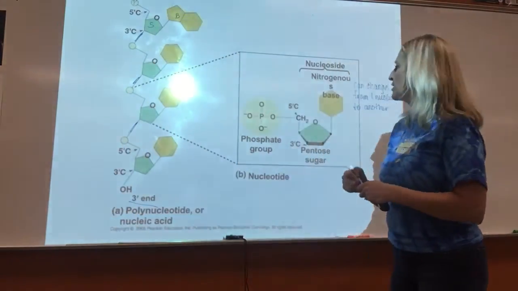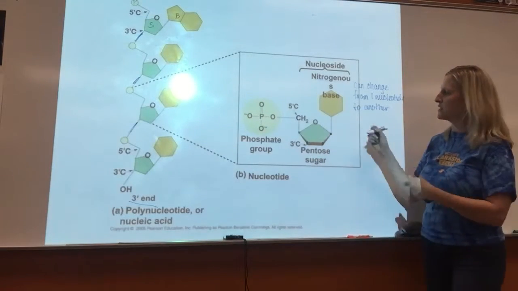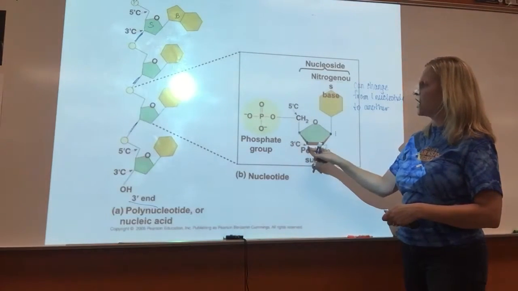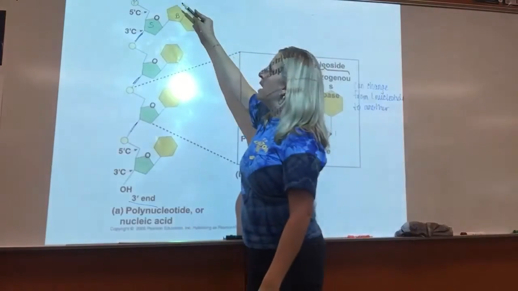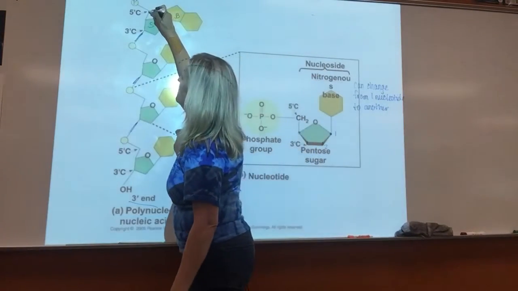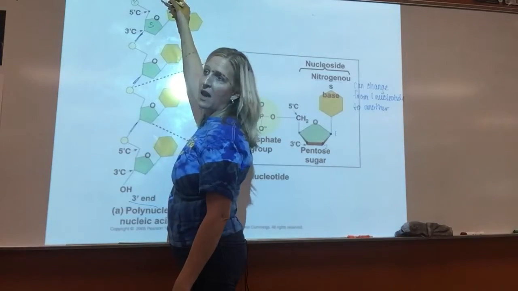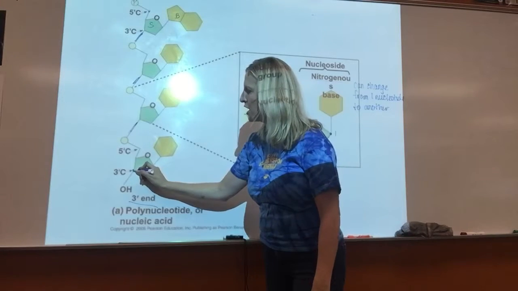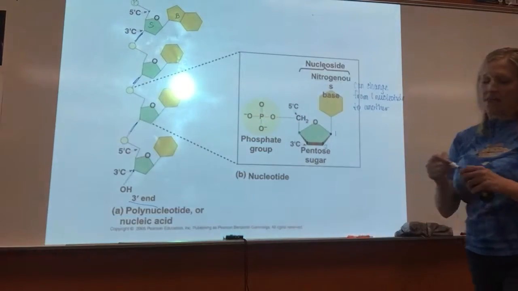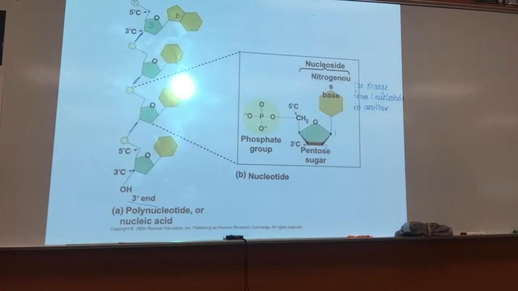If we look back at the carbons, this was 1, 2, third carbon, fourth, fifth, not part of the ring. So they call this the 5' end of the chain because the fifth carbon of the sugar is hanging off the end. And this is the 3' because it's the third carbon hanging off the end. I'm just going to introduce that now because that comes later when we talk about DNA replication and protein synthesis. That 5' and 3' is really important.